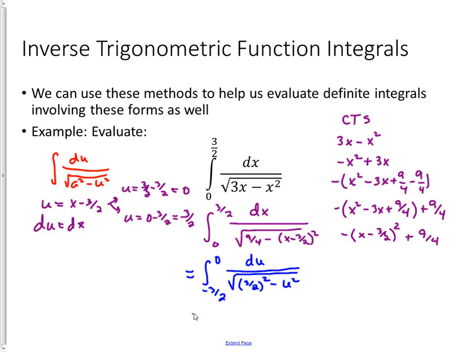So we're going to be evaluating the arc sine. Remember, there was no u over a here in front of that, right? It was the arc sine of u divided by a, so it's u divided by 3 halves, and we're going to evaluate that from negative 3/2 to 0.